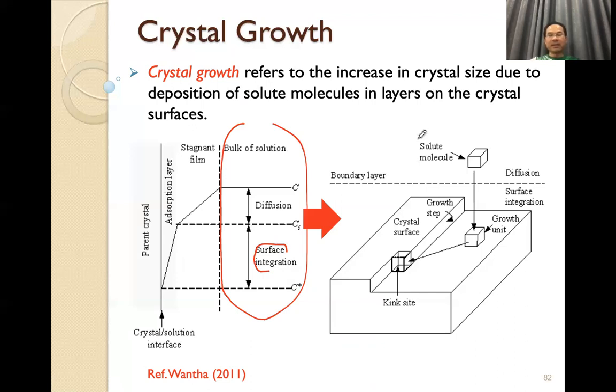For example, this is a molecule of solute in the bulk solution, and then it diffuses to the interface between the film and bulk solution, and then diffuses further to the crystal surface. Then this molecule integrates, or moves, to the surface site that is stable, at the edge, something like this.